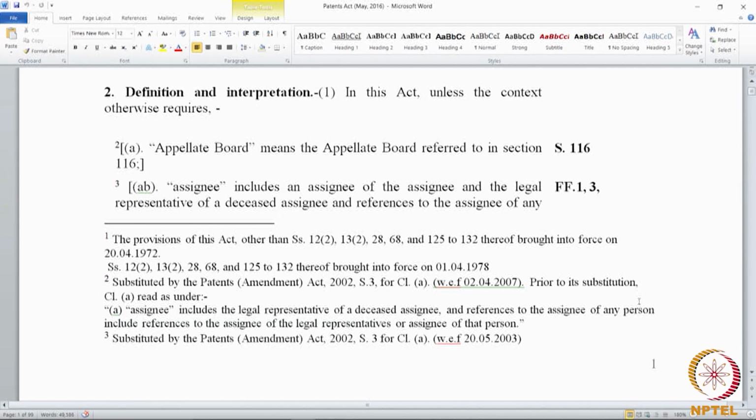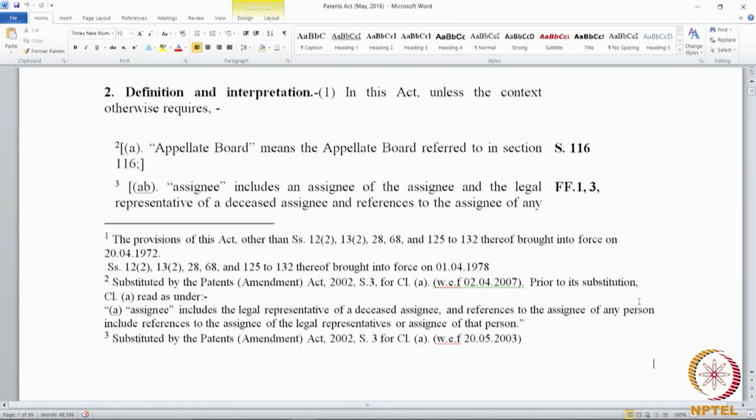Now what happens if certain words and phrases are not given a definition under the definition and interpretation clause? Now most acts will have a definition and interpretation clause which will have a list of words which are defined to give a particular meaning. Now, this particular meaning can be defined in the Act if it is not defined elsewhere. It can be defined in the definition clause itself.